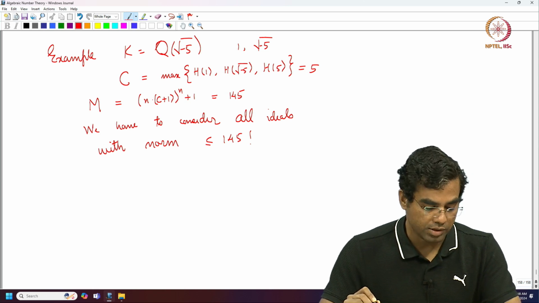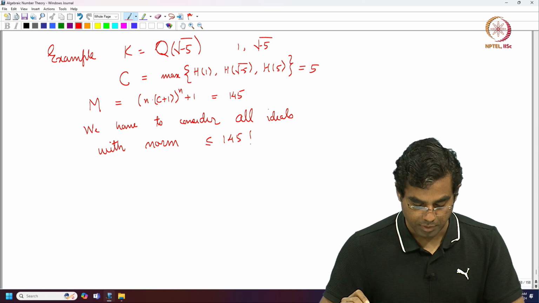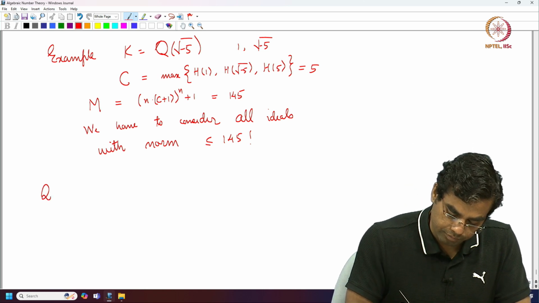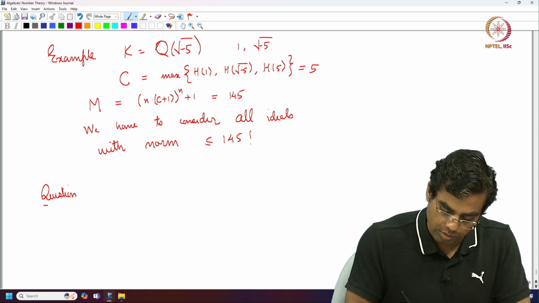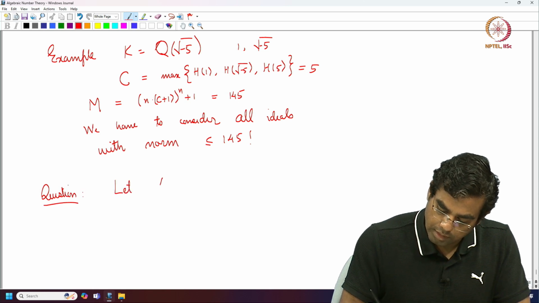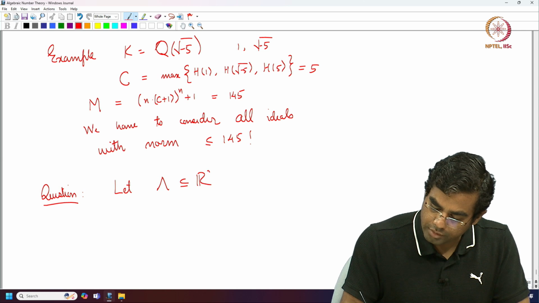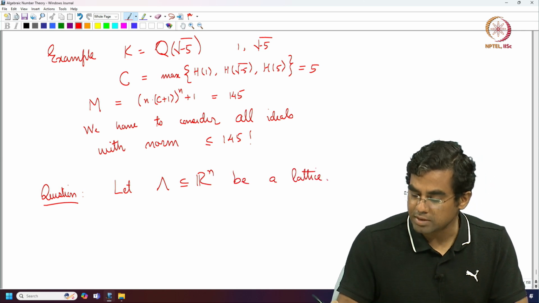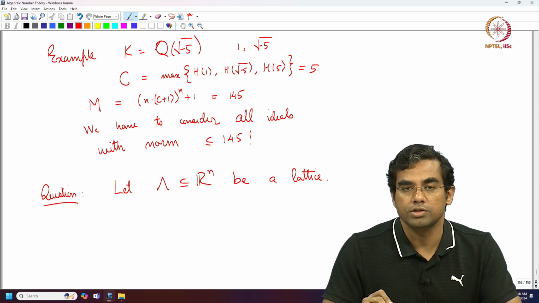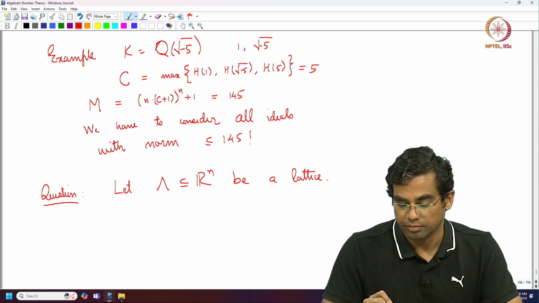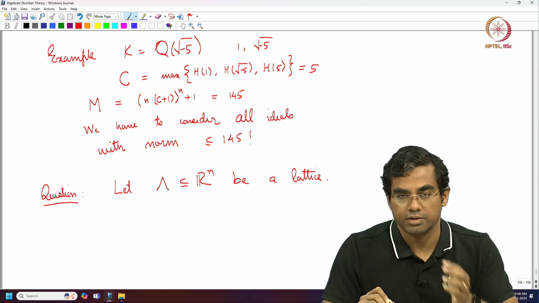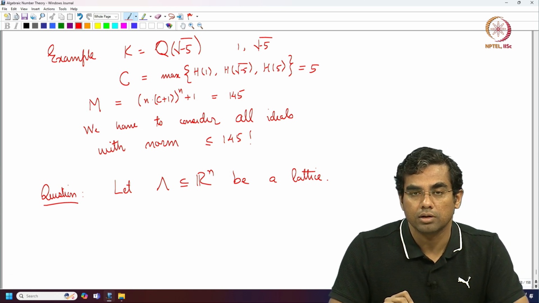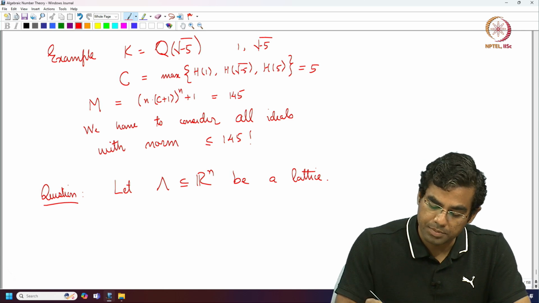Okay, so, the basic question that we want to ask in geometry of numbers is the following. Question: let lambda in R^n be a lattice. It is not surprising that we are considering lattices, since the ring of integers is a lattice in R^n, as we proved earlier in the course. Then we want to consider a subset of R^n.